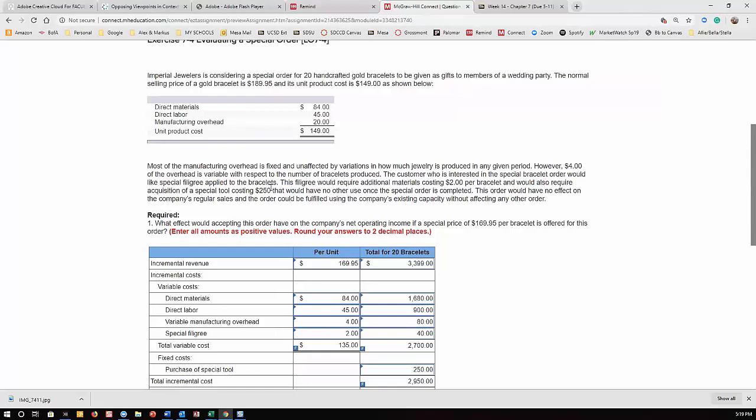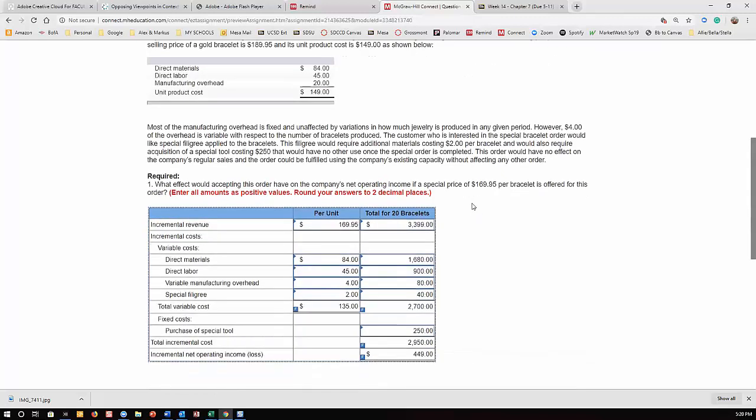I'm assuming it's a little charm, and it costs $2, so we have to add that. And then there's a special tool that they have to buy to fulfill this special order. They want to buy 20 bracelets, so you're just going to do all your incremental costs.